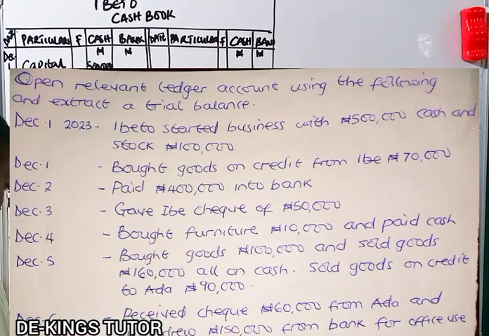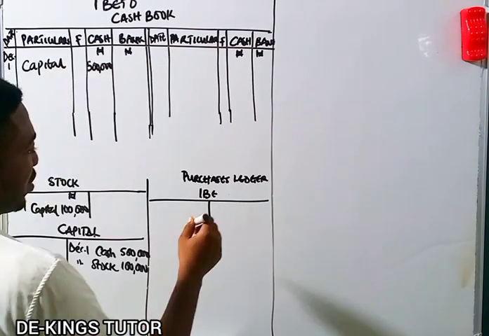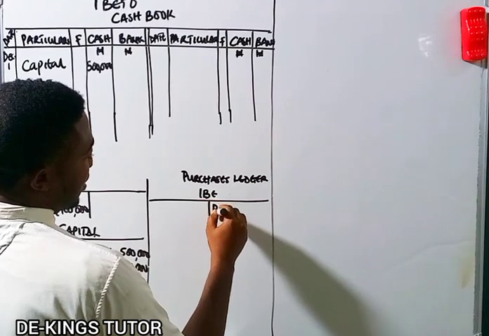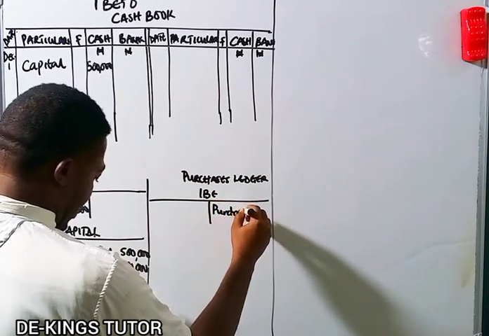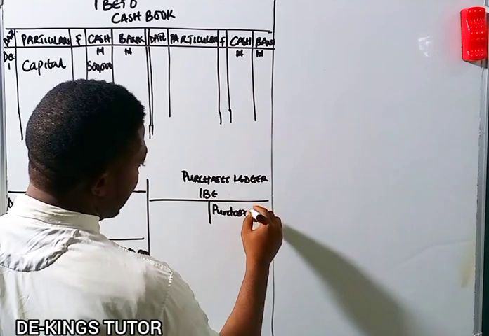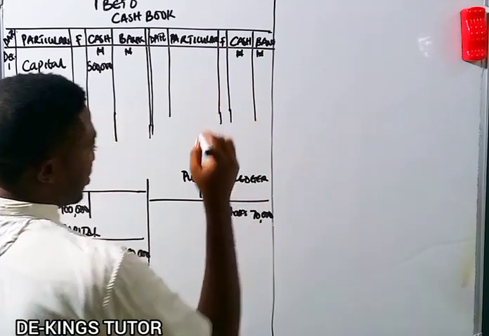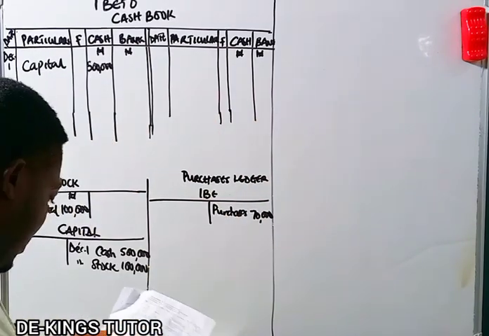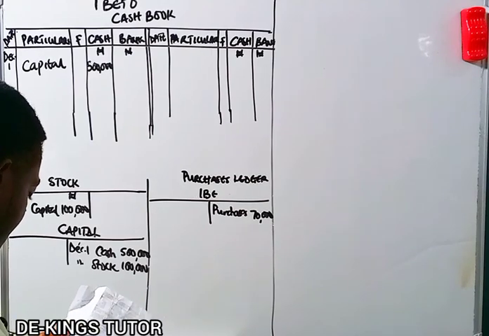How much is it? On credit, it is 70,000. Okay, so we're gonna have our purchases here, 70,000.